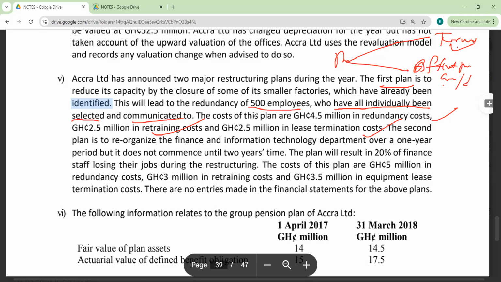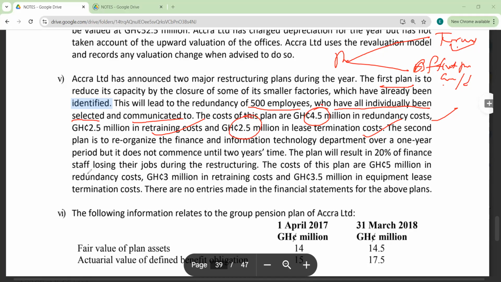So please, the cost of the plan, add them for me. What is the cost of the plan? 4.5. Good. Termination cost is what? 2.5.